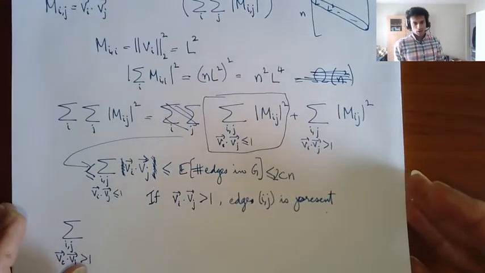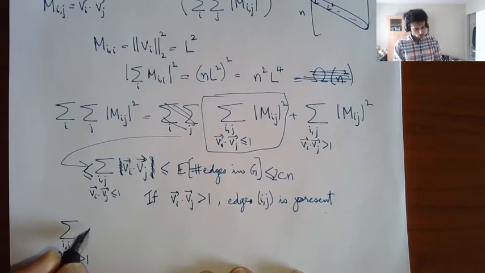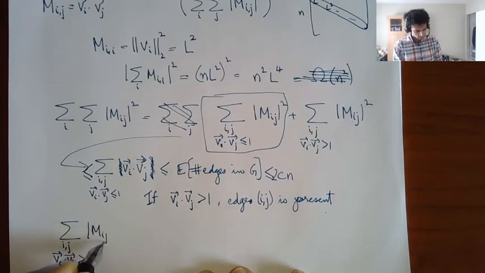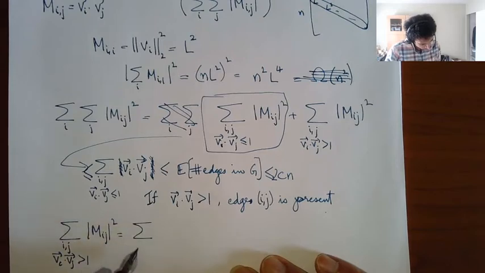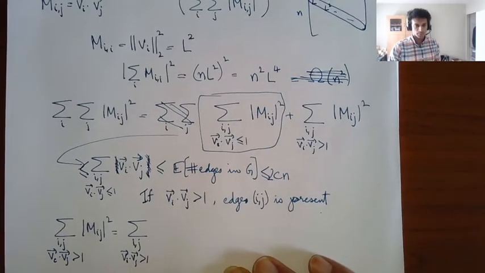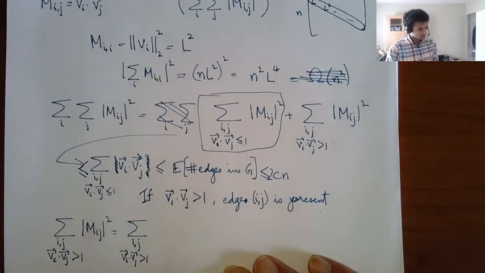Now vi dot vj is more than 1, of mij squared, and remember, what was mij squared?